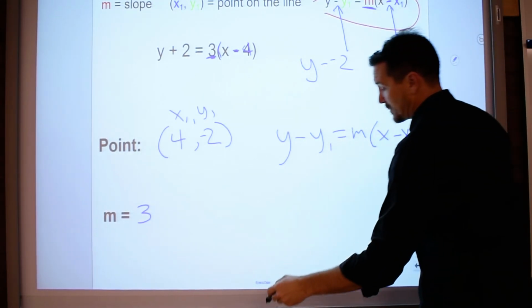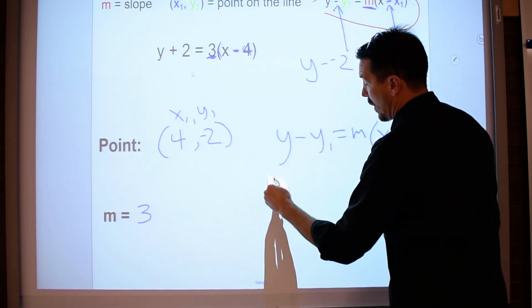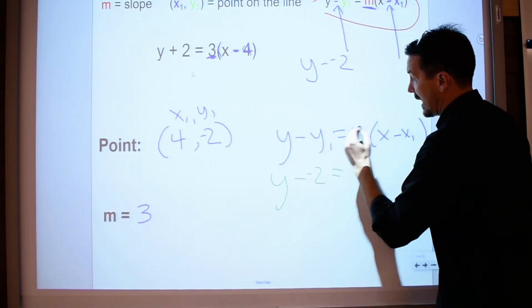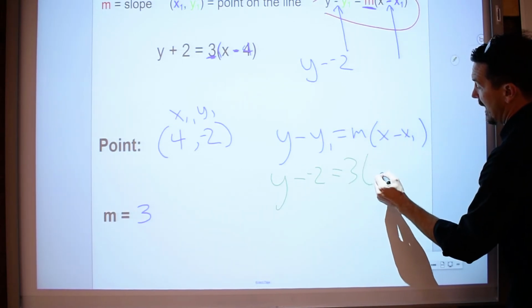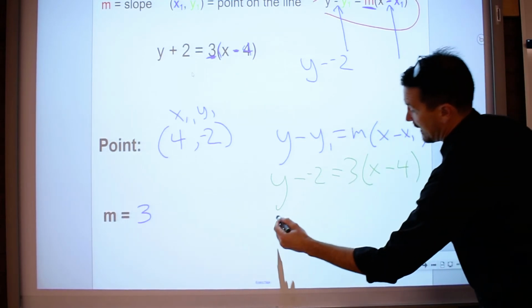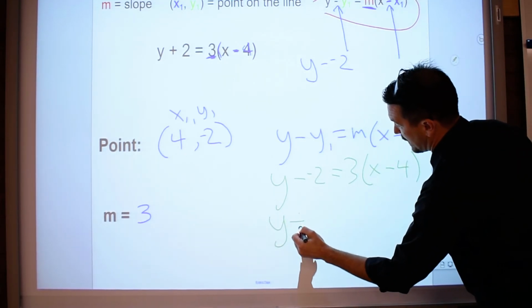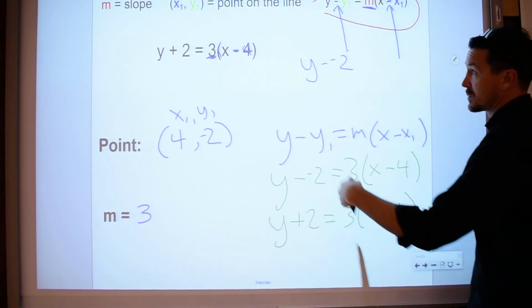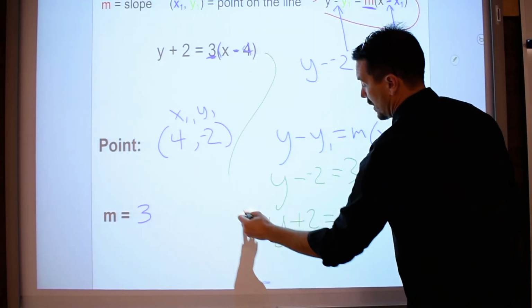Let's see if I can resubstitute it in. I'm going to go y minus, what's my y1? -2 equals m, which we said is 3, x minus my x1, which is 4. Simplify that. y minus and minus becomes a plus. So we did pick the points correctly because we were able to get back to the original problem.